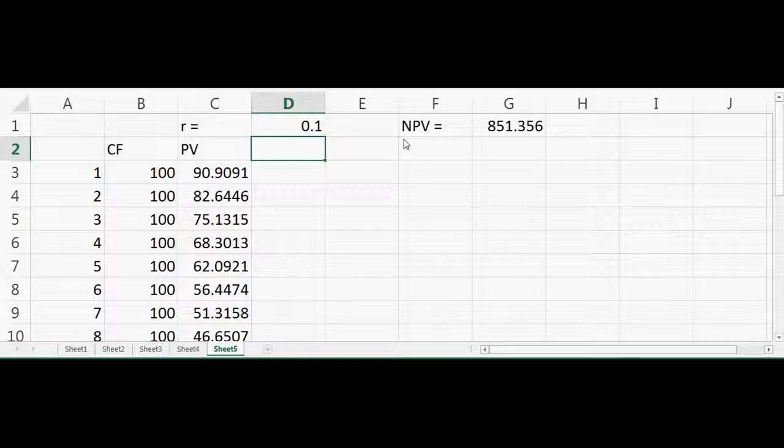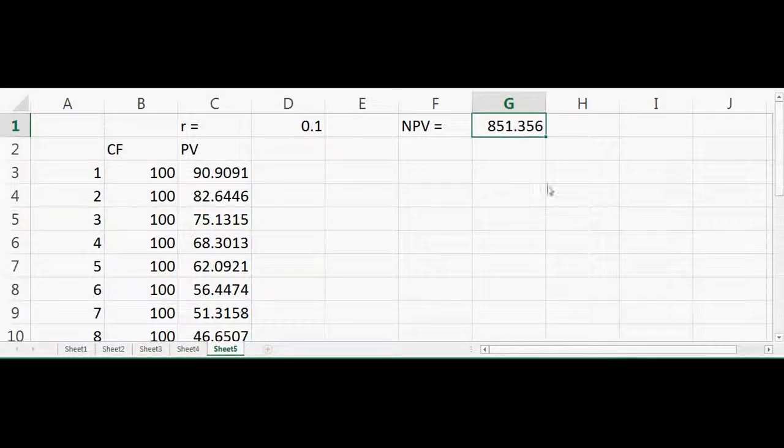Suppose now that we want to give money to someone and he wants to pay you back in installments. How much installment should you charge him? Suppose 0.1 is the interest rate, which is a 10% interest rate, and somebody borrows money from you.